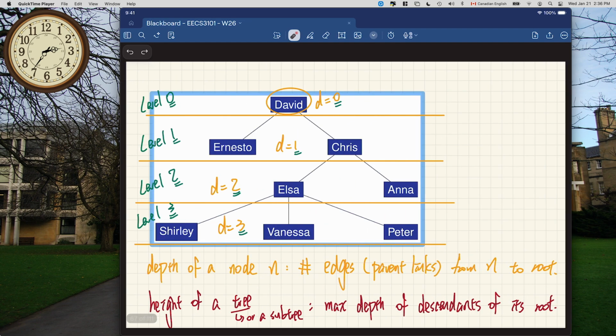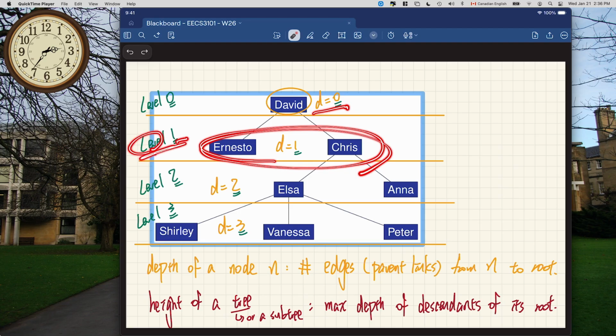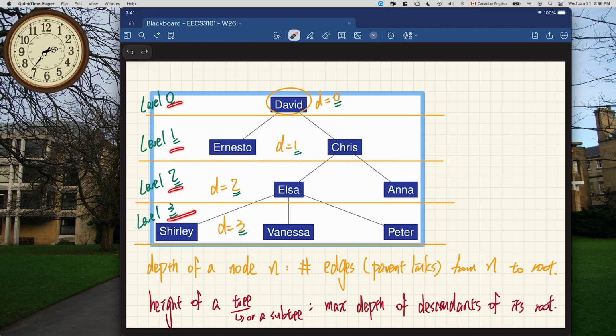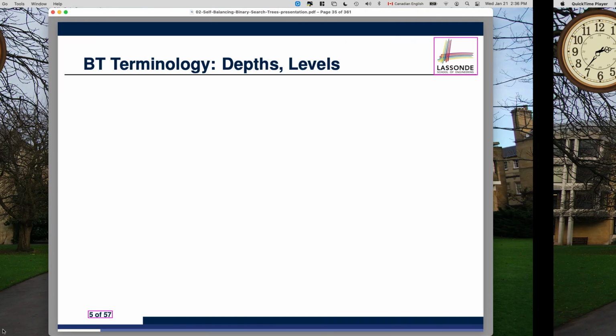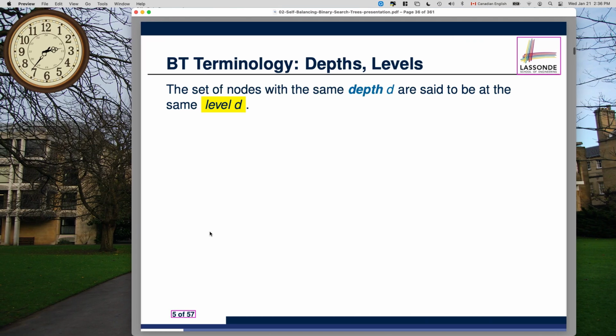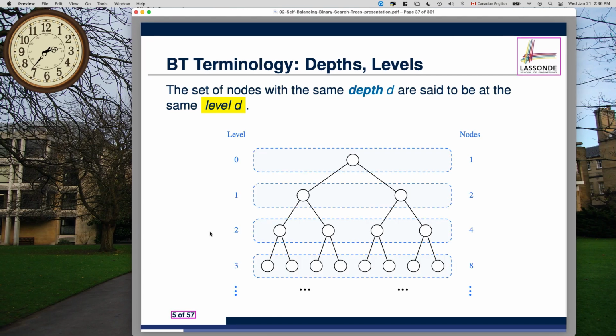All right, given the depth of a particular node, all the nodes of a particular depth can be categorized as a level. When we categorize into level 0, 1, 2, 3, the numbers simply correspond to the depth of all the nodes in that level. You will see another diagram on slide number 5 that corresponds to it directly.